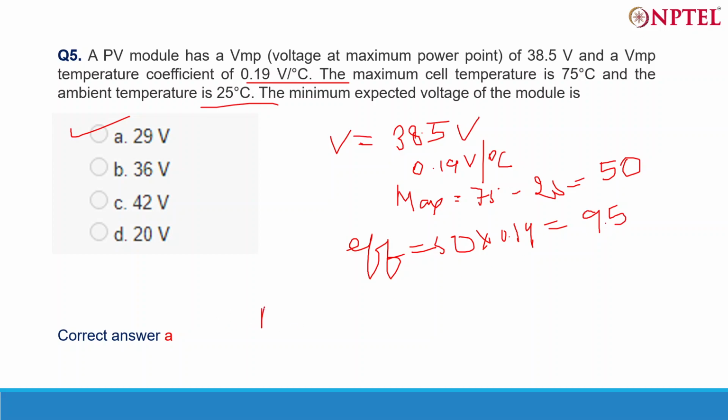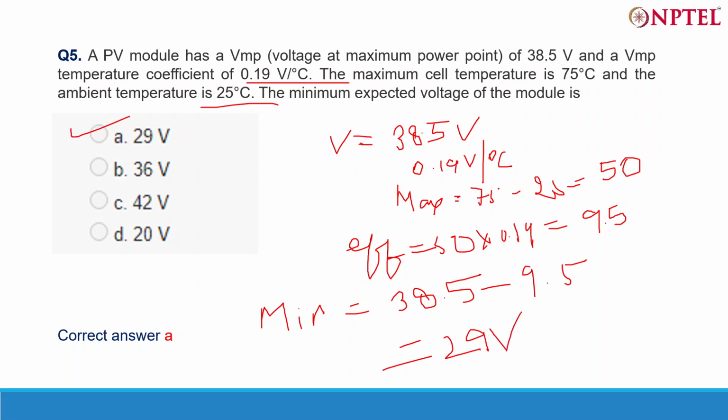So minimum expected voltage, that is asked in this question. What was the voltage at the maximum power point? 38.5 minus 9.5. So the correct answer is 29 volt. That is A. Okay.